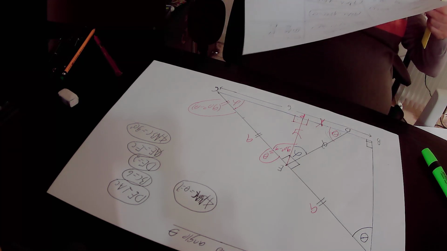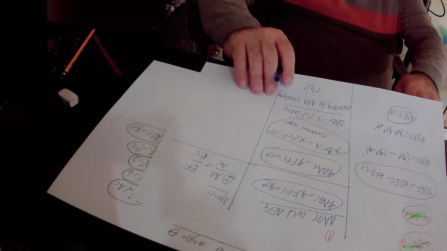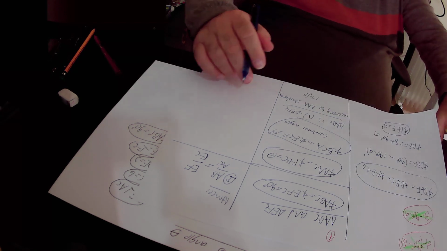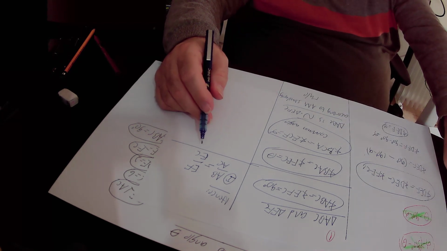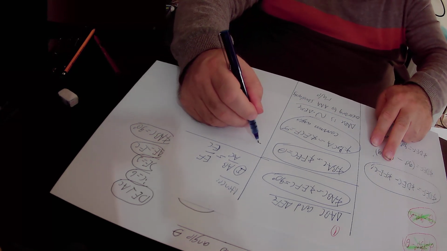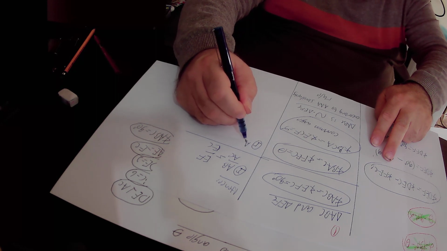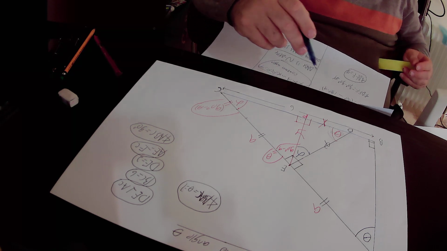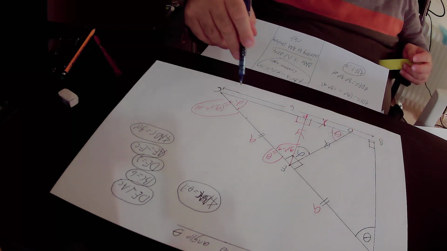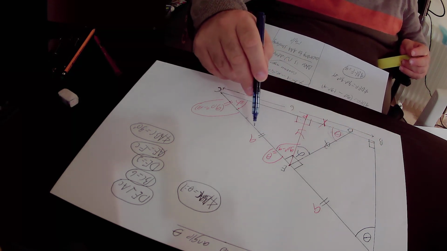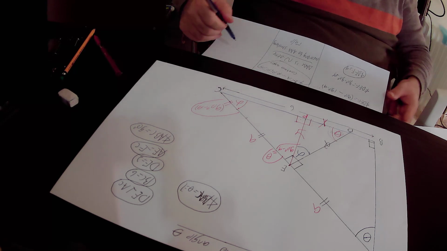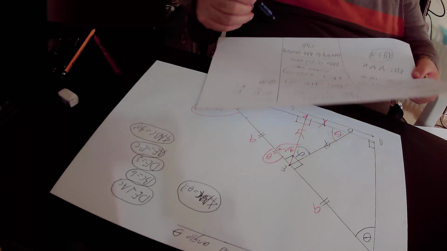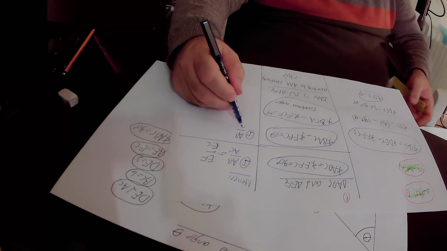I repeat again, from the fact that triangle ABC is similar to triangle EFC, we conclude that AB over AC equals EF over EC. So here AB over AC, the hypotenuse AC equals A plus A, that is to say it equals 2A according to our definition. So we substitute the hypotenuse AC by 2A.